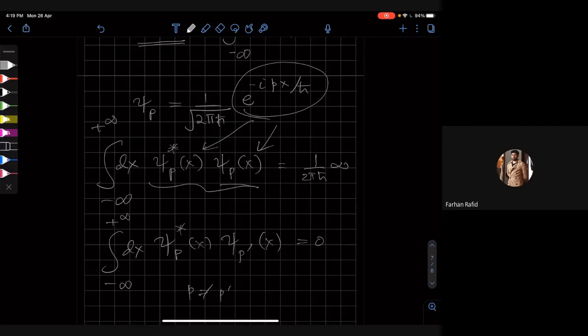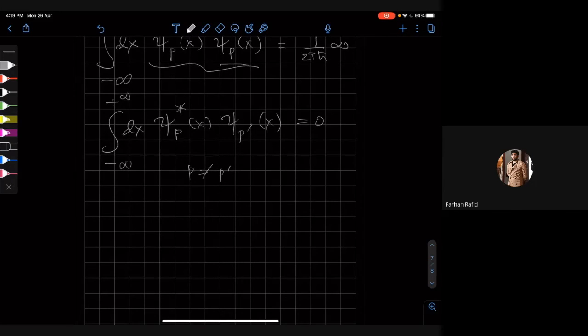We can combine these two equations in one equation, and there is good motivation for this. If this is psi p and this is psi p prime of x, then the integral is 0 if they are different, but if they're the same, it's infinite, in a very particular way, such that the right-hand side is a Dirac delta function.